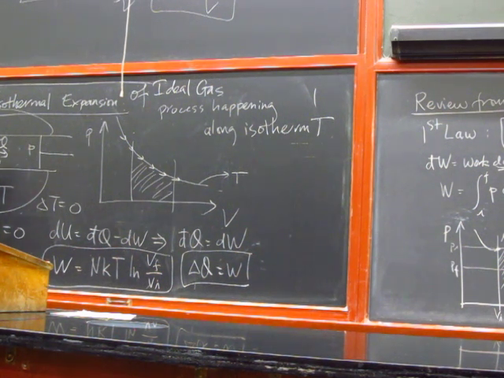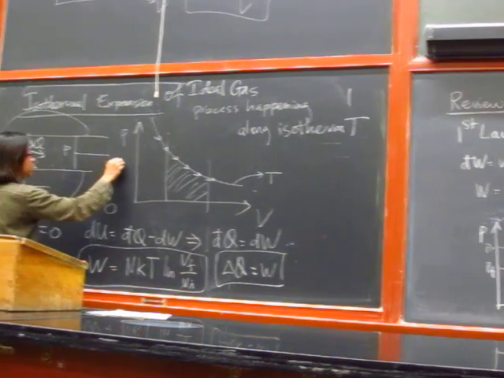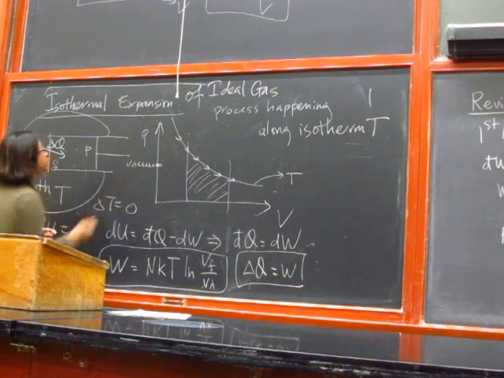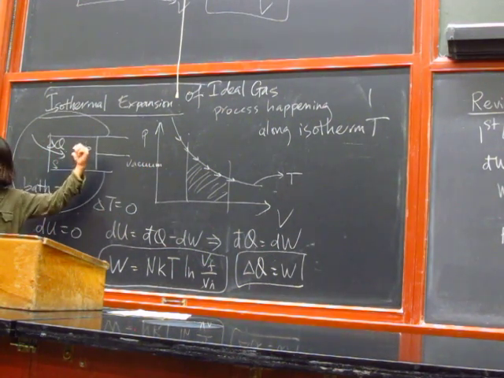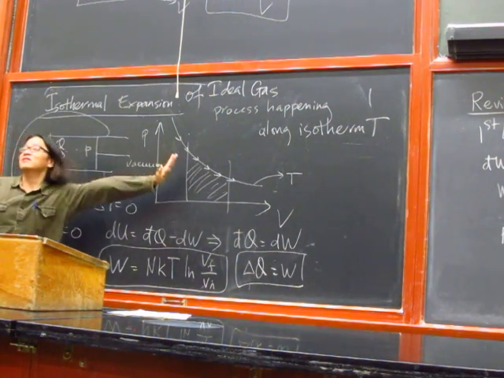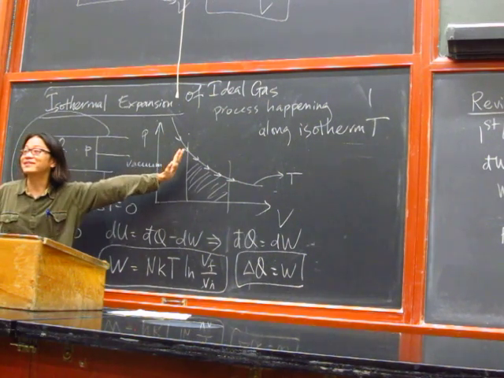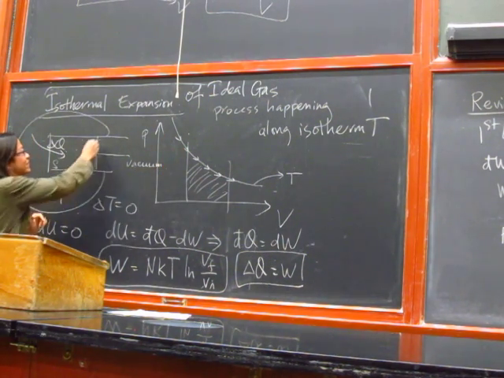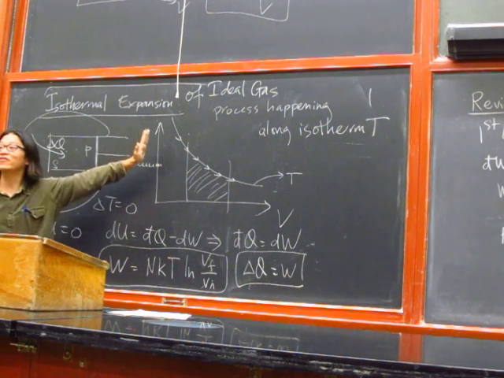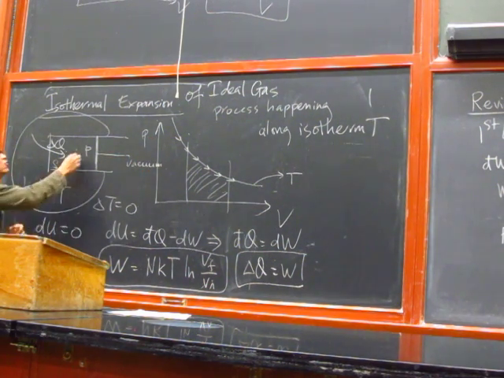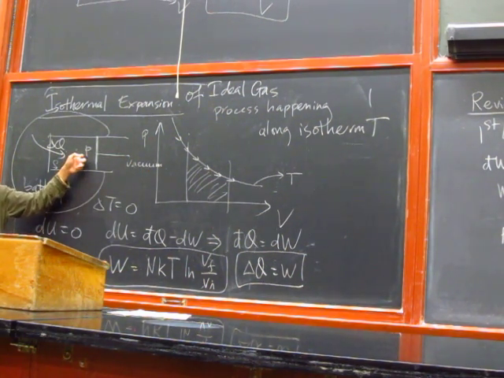To answer shortly, if things are not done slowly, and suppose this is vacuum, so there is no force holding it back, then this piston will just have a huge acceleration, depending on the mass of the piston. So it moves very fast, and what happens is that you get turbulence.